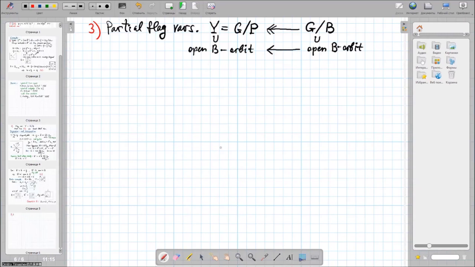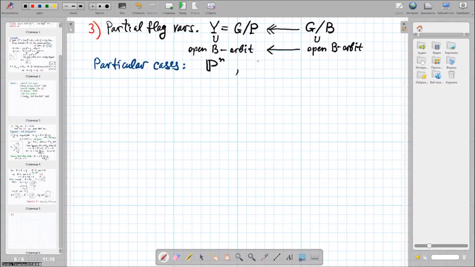So partial flag varieties are also spherical, and as a particular case you immediately see that the projective space P^n is spherical.